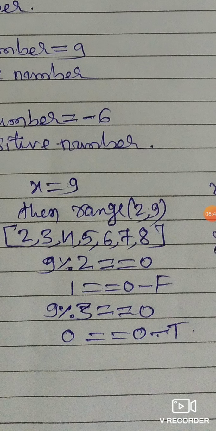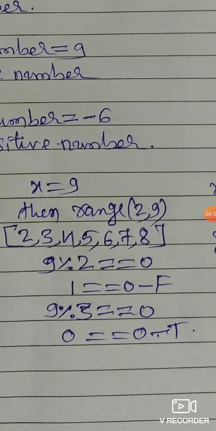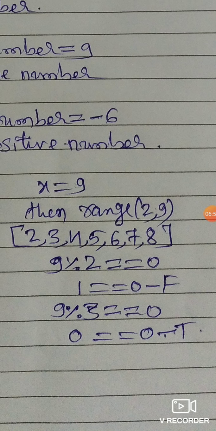The range definition is that it takes the initial parameter value up to less than the last parameter value. So how it works: x value is 9, 9 mod the first value 2 returns the remainder 1. Is 1 equal to 0? This condition is false.